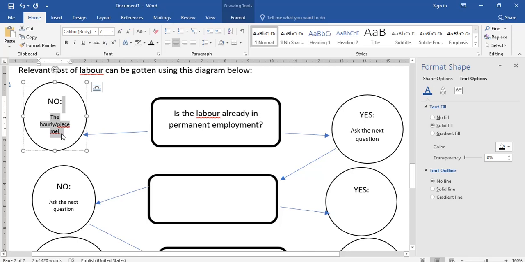The hourly or piecemeal wage is relevant.